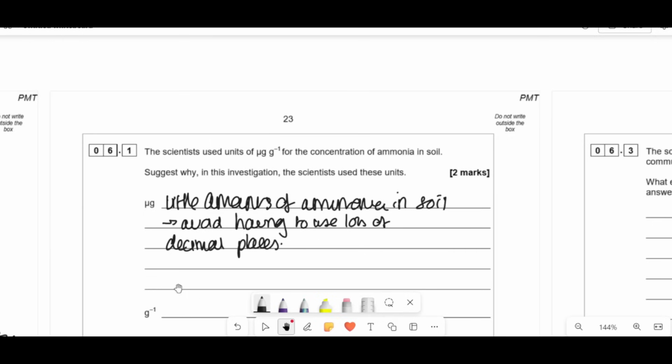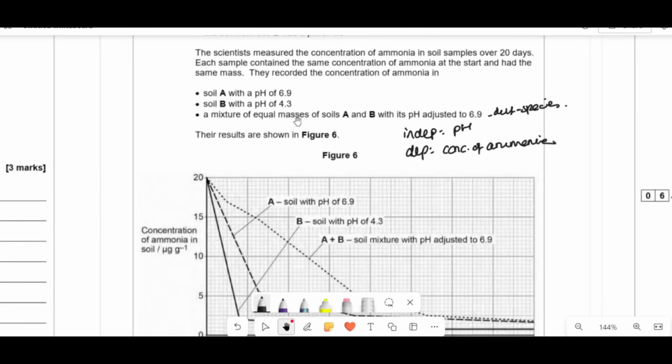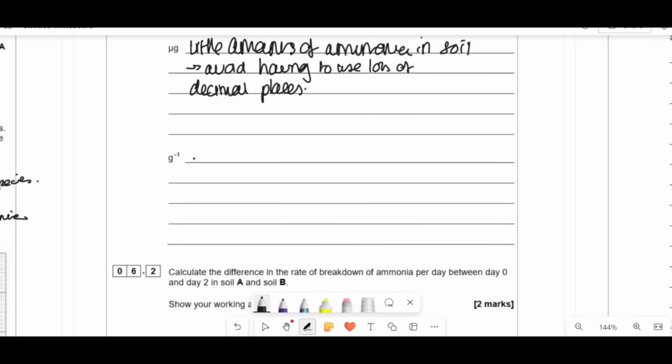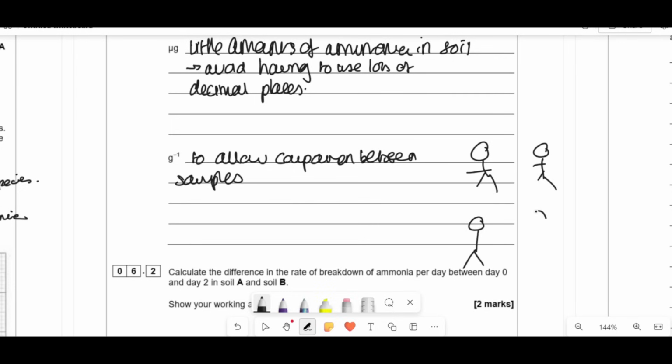That's that bit there. What does the per gram bit mean though? Here, it's the concentration of ammonia in the soil, which is the micrograms of ammonia per gram of soil. So this means it allows comparison between the samples. For example, if I look at humans, and let's say for some reason I have these other beings that only have legs, no arms, some mysterious other beings, and I have 3 of these.